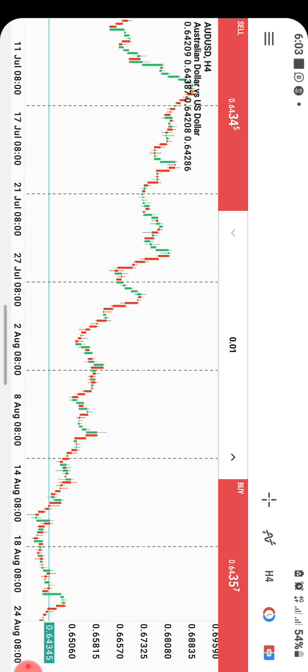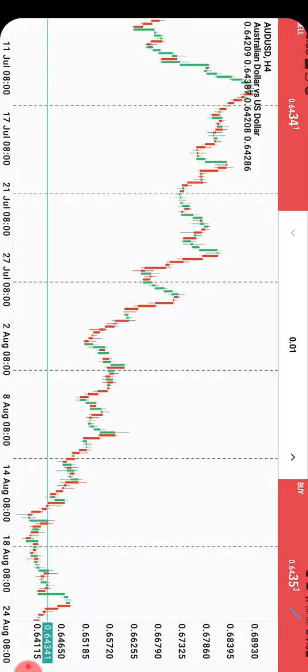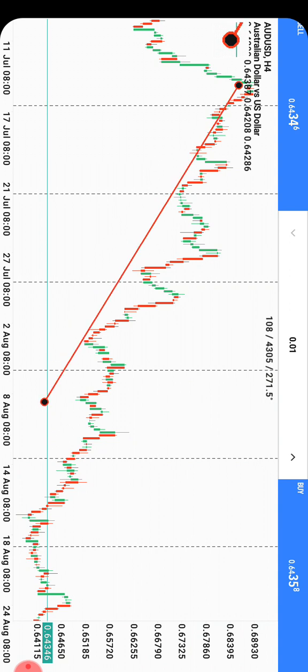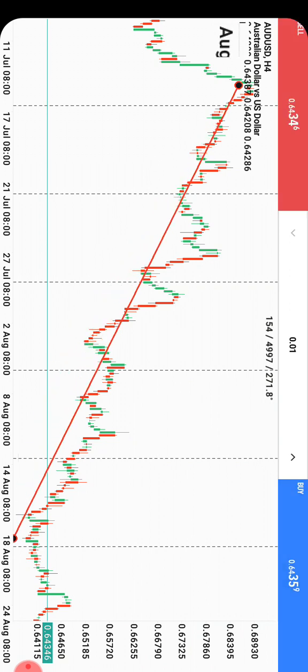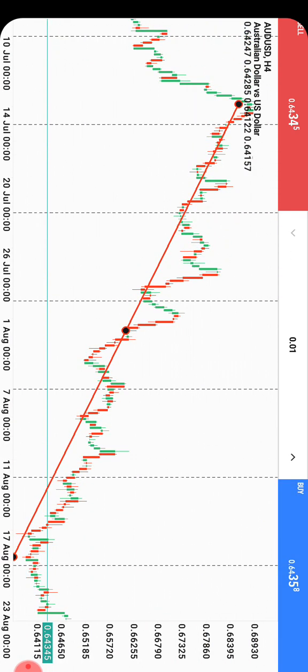Now let's go and take our trend line. So okay, I know that this is a trend now and the market is coming down, right? So what's the benefit of it? Or how can I trade it?